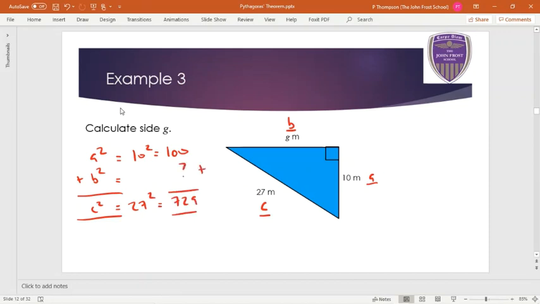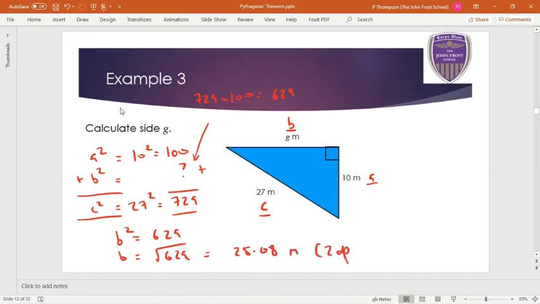So 100 plus something is 729. Hopefully it's pretty obvious: take away 100 from 729. That is 629. So b squared equals 629, so b is the root of 629. Again, this one I have to do on the calculator because 629 is not a square number. It's 25.08 meters to 2 decimal places. Remember, this was called g. Okay, done.